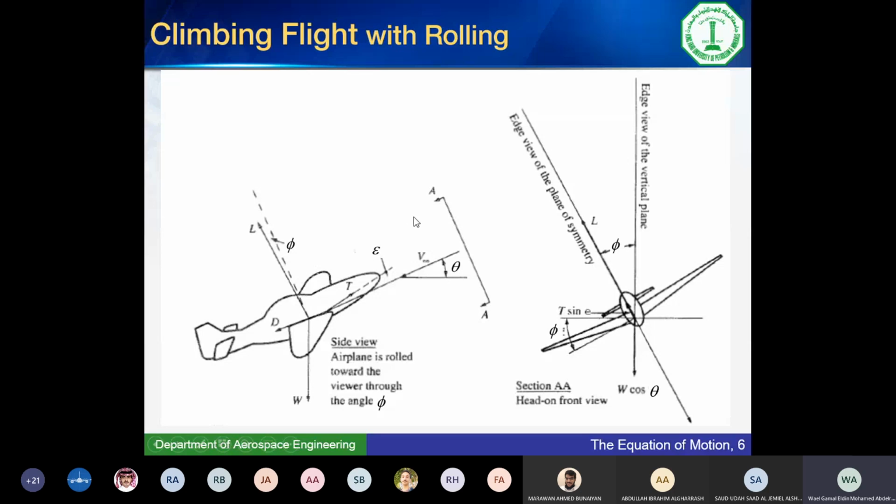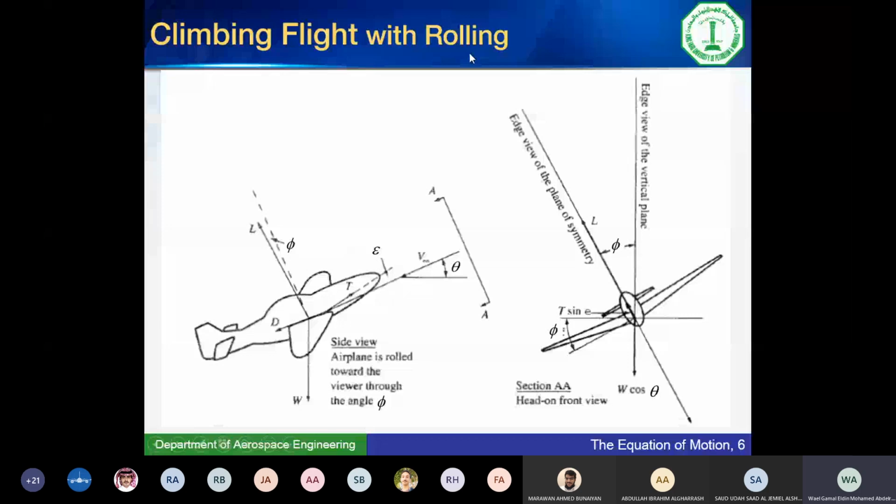It's not only climbing, but also there is a roll angle phi, which is the decrease in the right wing angle compared to that of the left wing. So let's say the wing is also rotated by an angle phi. In this case, T is not going to have just two components, but it will also have three components, because there will be a component along the third direction. So I will resolve now the forces in terms of theta, phi, and epsilon.